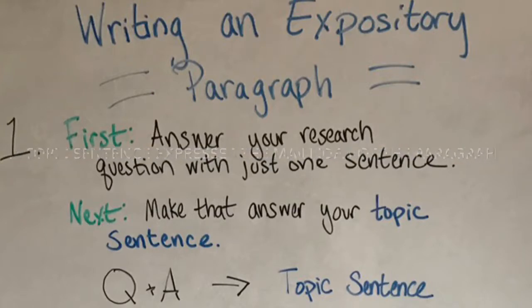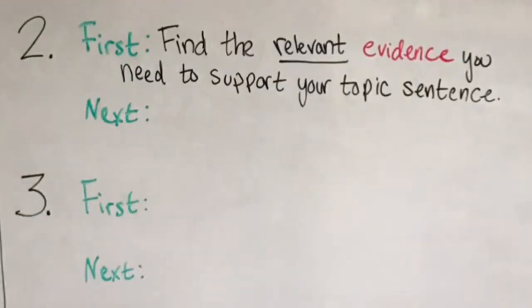The second thing you want to do is, once you have the 1 sentence answer to your question, which is your topic sentence, you're going to find relevant evidence that will support your topic sentence. This, again, may be a quote from your story, it may be a quote from a book, or it may be a quote from an online article.